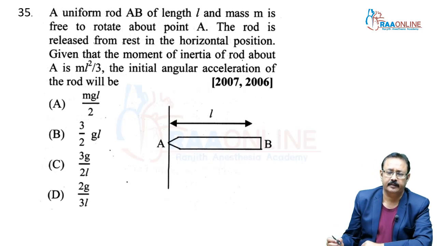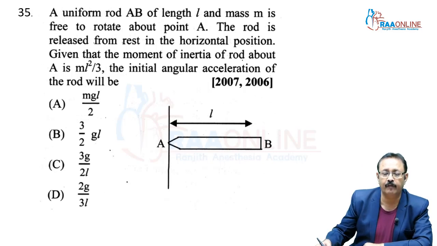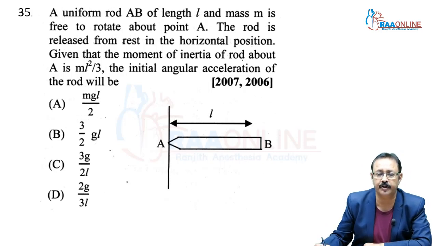Why should the rod start rotation? Its weight is acting at its middle point. It is the force which will start rotation, and distance from the axis of rotation is L by 2.